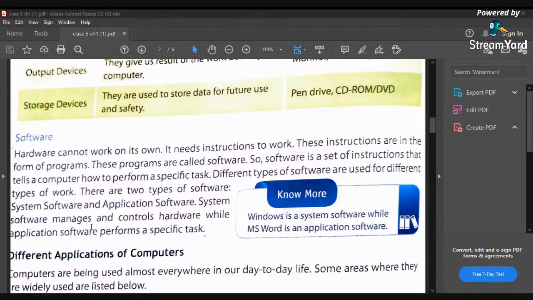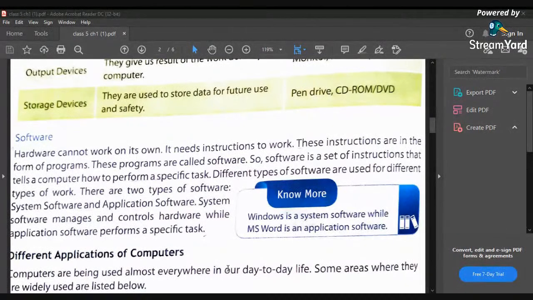System software manages and controls the hardware, while application software performs specific tasks. For example, if you want to print from the printer, first you install the printer software in your system.